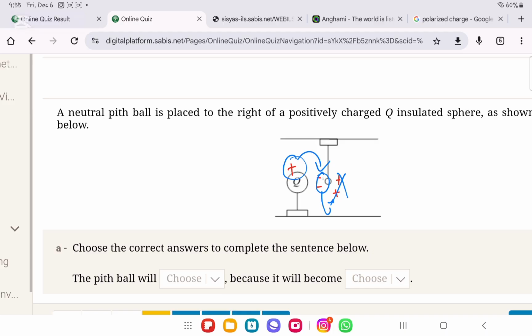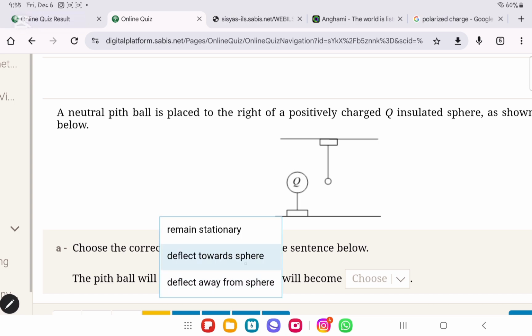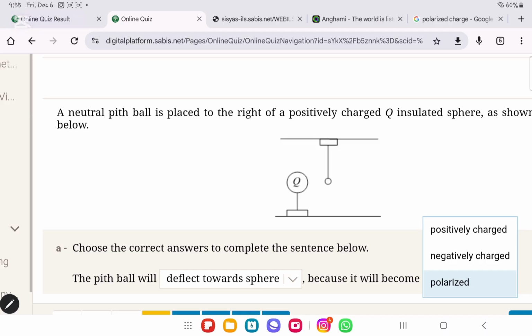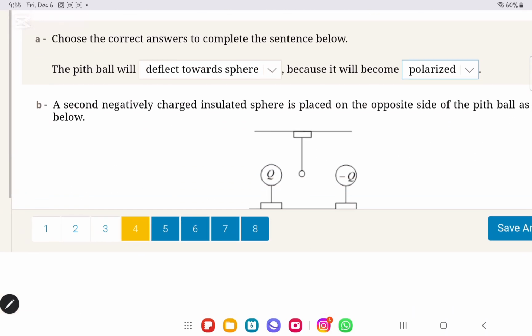So what's gonna happen is that the pith ball is gonna move towards Q because it will become polarized. We call when one charge will overcome the other, this is in my terms of explaining, by the way, when one charge will overcome the other, then we call this polarization. So the pith ball will deflect towards the sphere because it will become polarized.